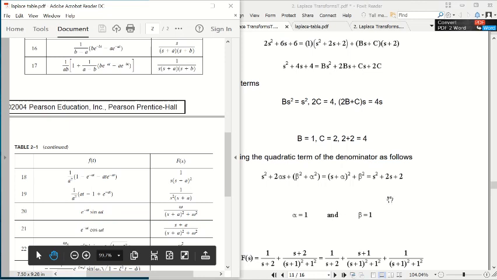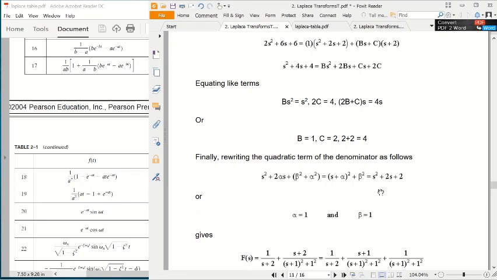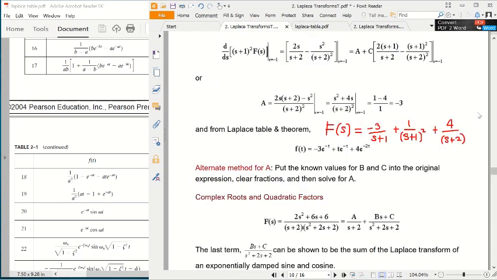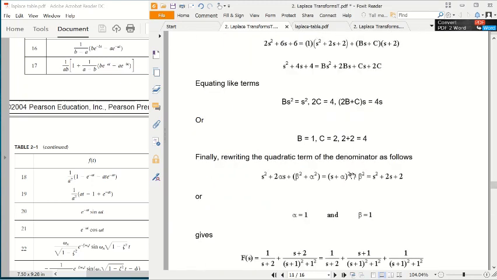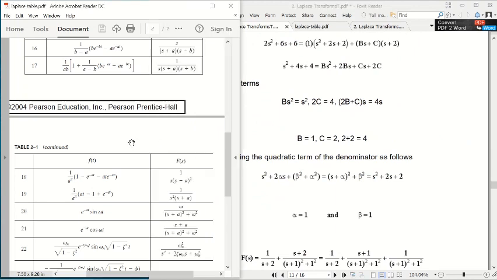So you take the expression of the denominator of the quadratic factor poles, this one, s squared plus 2s plus 2. I mean this part of the function. You take that and try to express it in terms of this.